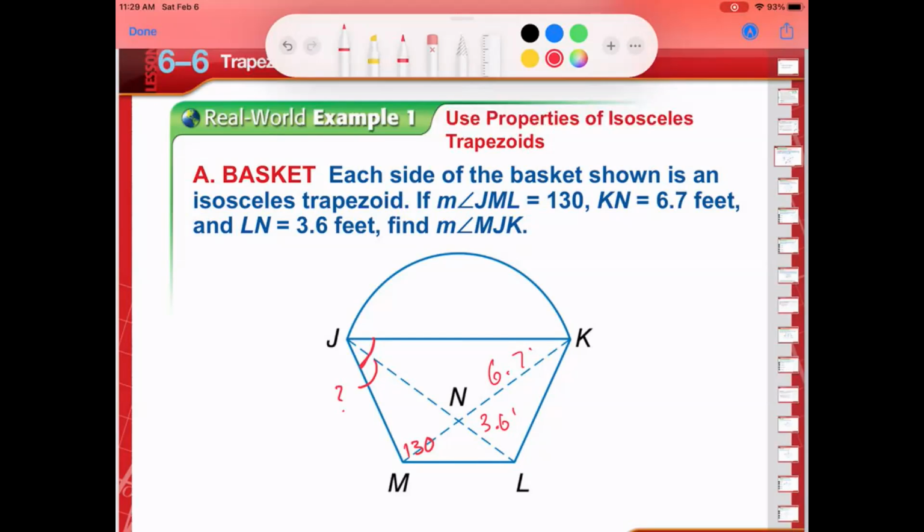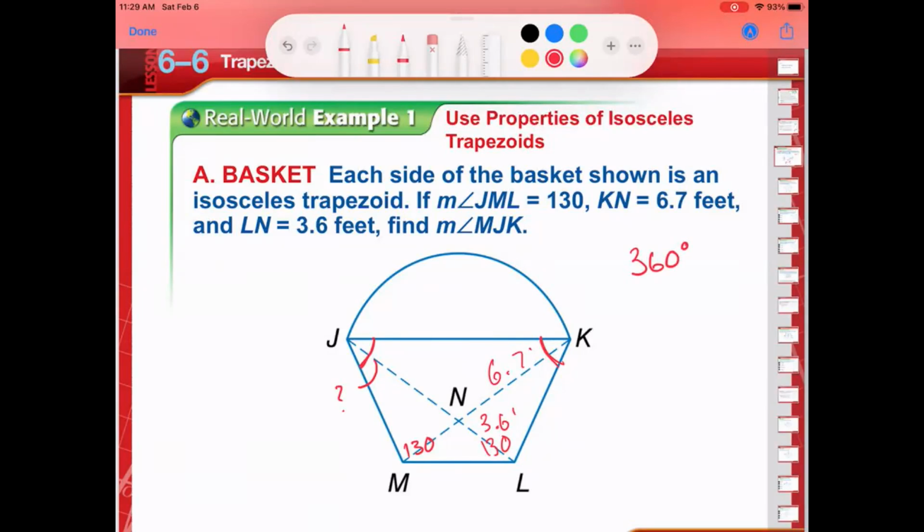This is an isosceles trapezoid, which means KLM is also 130. And since it's a quadrilateral, or a four-sided figure, we know that all the interior angles are going to add up to 360 degrees. And we know angle MJK and angle LKJ are going to be congruent to each other.